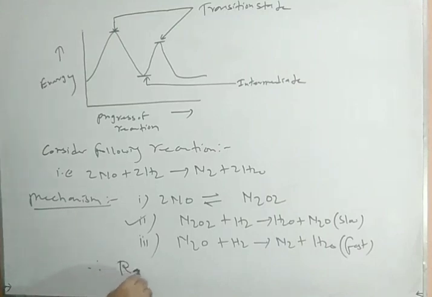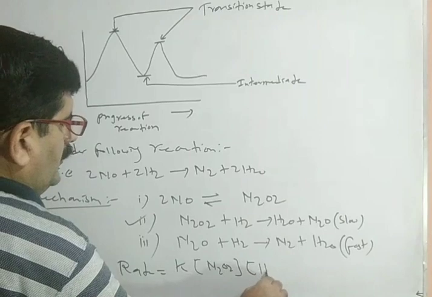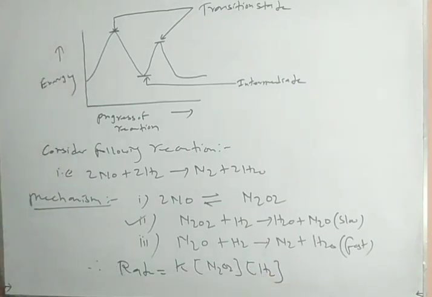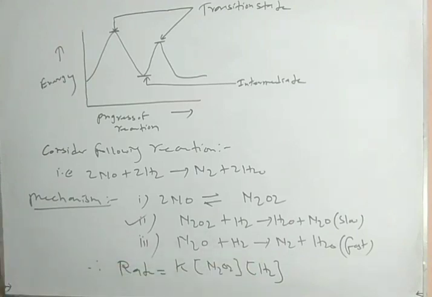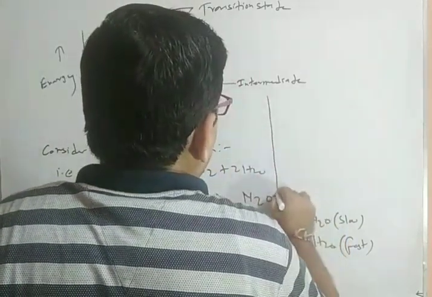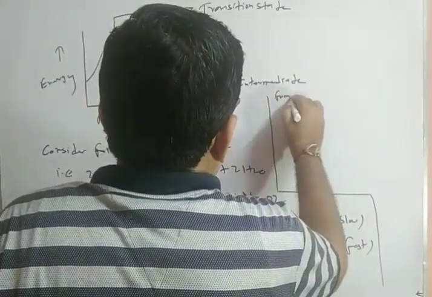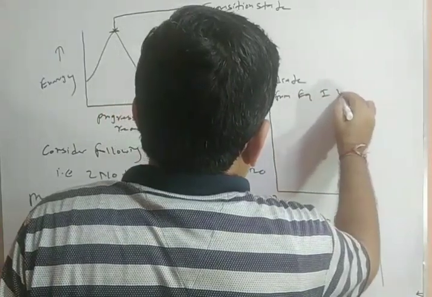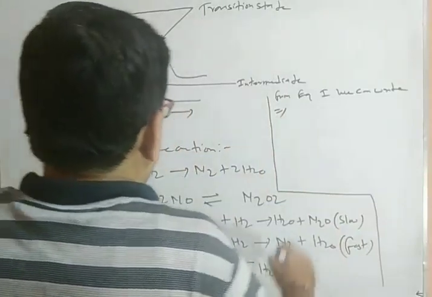Equation second is said to be slow step. Therefore, rate is equal to what? K N2O2 S2. It means order of reaction is equal to what? 1 plus 1 is equal to 2. But an equilibrium reaction is also given. So from equation first, we can write what?